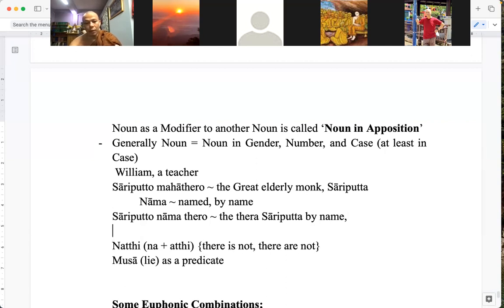Okay, in this way. And also, Raja Nama in the Samannaphala Sutta: Rajanama Ajatasattu. The king Ajatasattu. So the king Ajatasattu by name and so on.